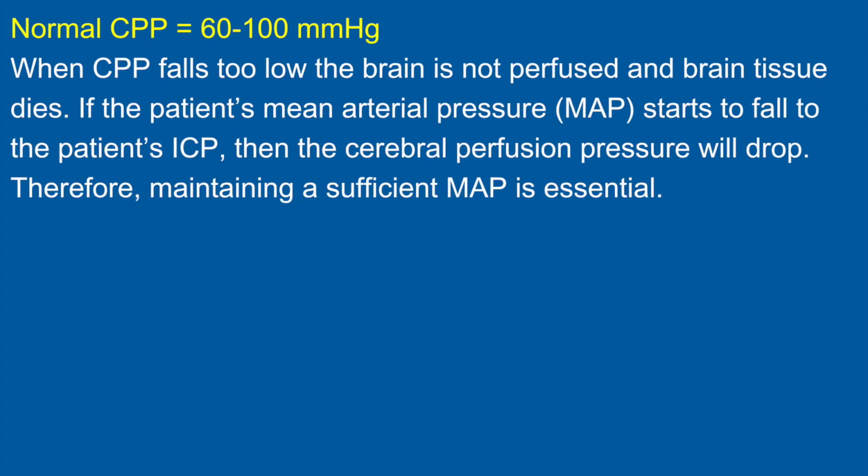The normal CPP is 60 to 100 mmHg. When CPP falls too low, the brain is not perfused and brain tissue dies. If the patient's mean arterial pressure starts to fall toward the patient's ICP, then the cerebral perfusion pressure will drop. Therefore, maintaining a sufficient mean arterial pressure is essential.